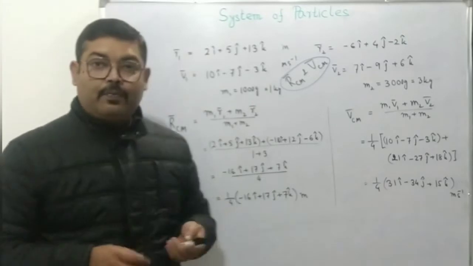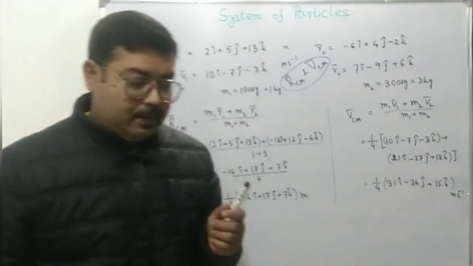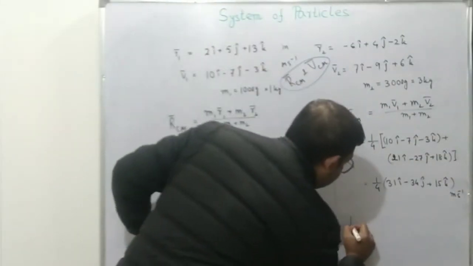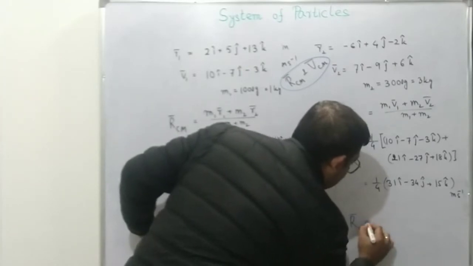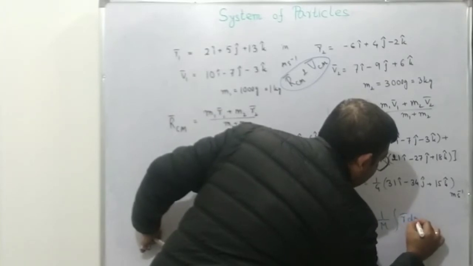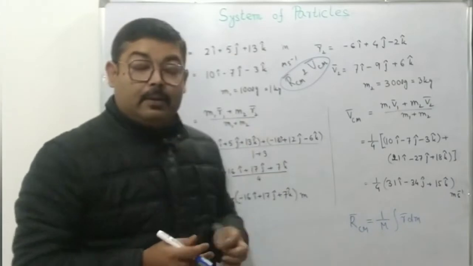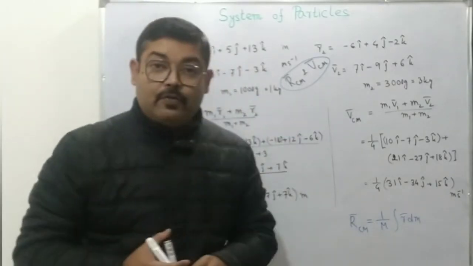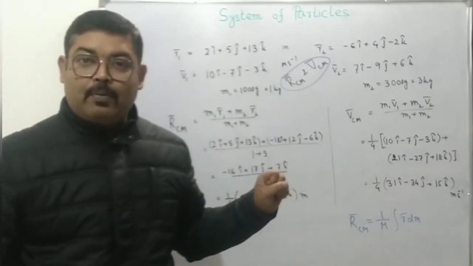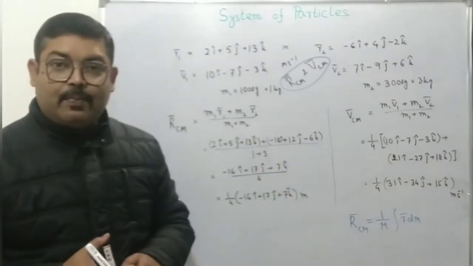So how to use the equation that we found in the previous video, that RCM is equal to 1 by m integration r dm, to find the center of mass for continuous distributions of masses? That is the type of problem that we will encounter more often.